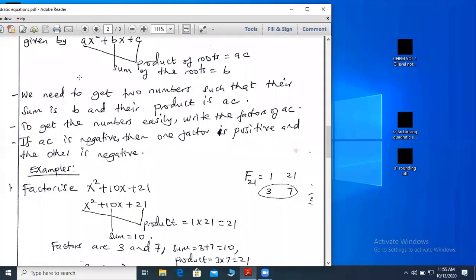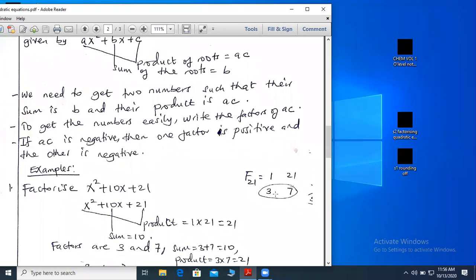So how do we get those numbers? I told you to get the numbers easily, write the factors of AC, where my AC is 21. You see what I have done aside: I've written the factors of 21. The first factor is 1, and 1 goes with 21, as you can see, 1 times 21.